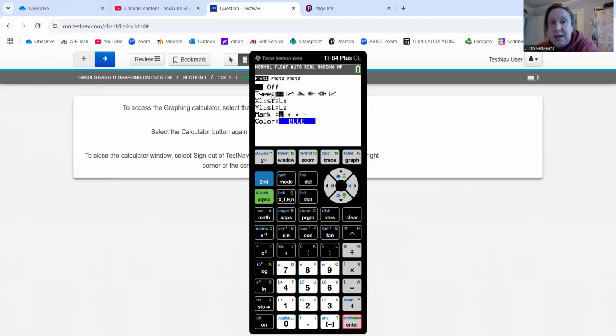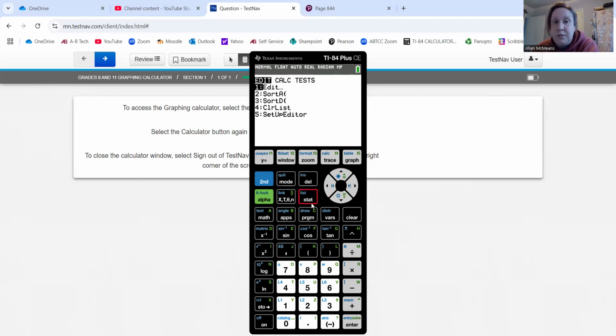It tells you the type of graph you're going to get, so we're just going to get a scatter plot. That's what those dots are. It tells you that the X's need to be in L1 and the Y's need to be in L2. This calculator has different colors and different shapes you can use to plot your points. If you wanted to turn it off, you would go over to off and hit enter, but I want to keep it on.